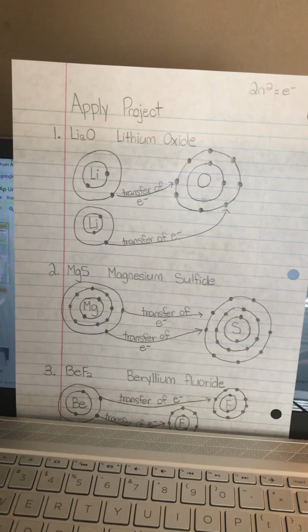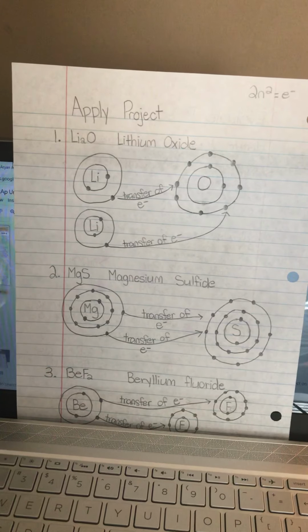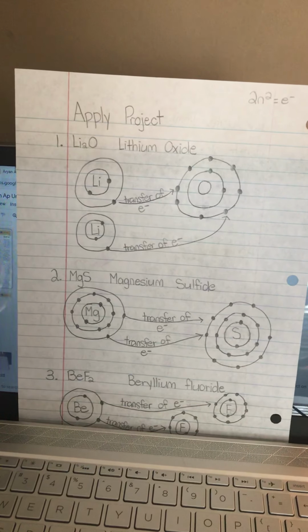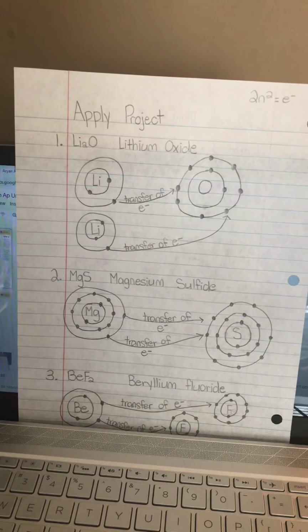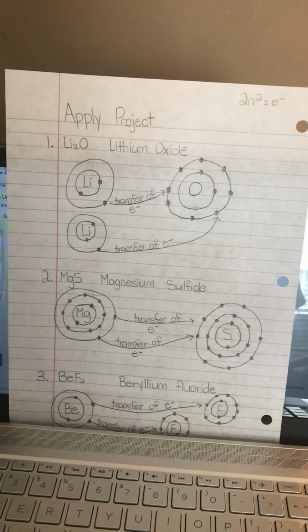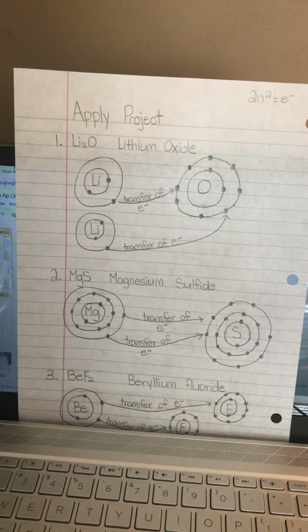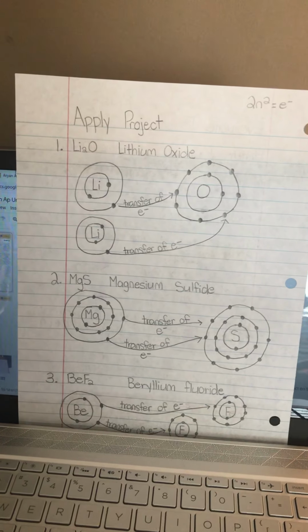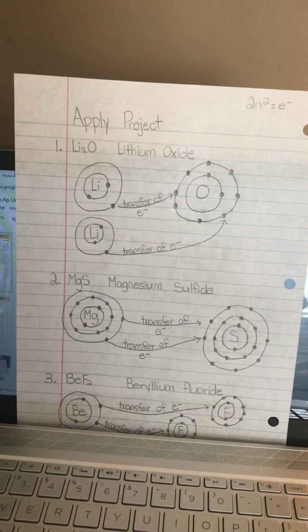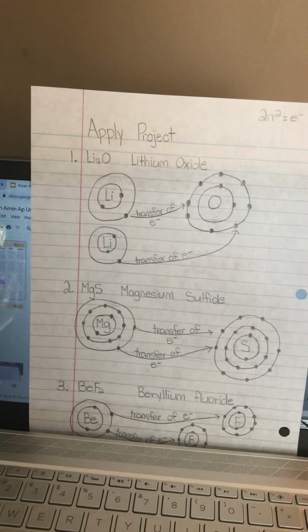With the full outer shell of lithium with 2 electrons on its shell, and oxygen with 8, they both are in noble gas configuration, with lithium acting as helium and oxygen acting as neon.